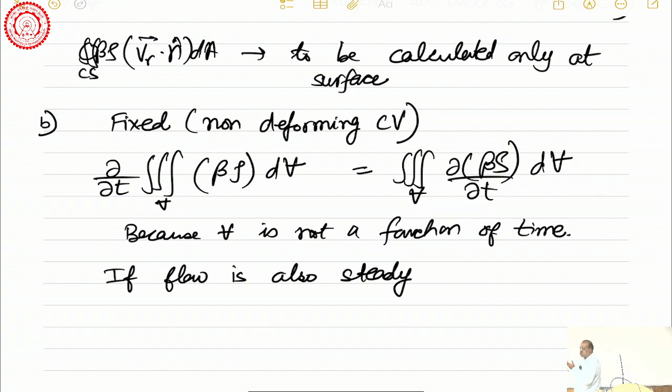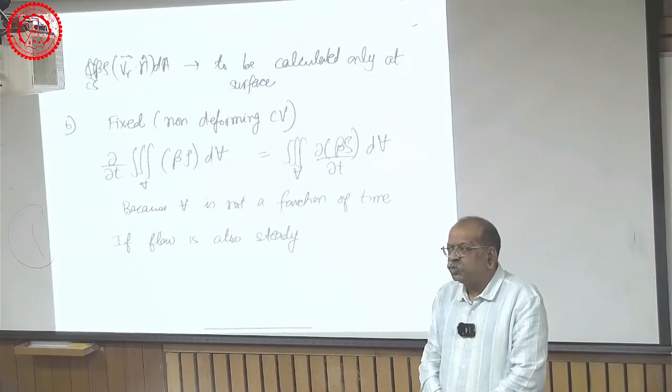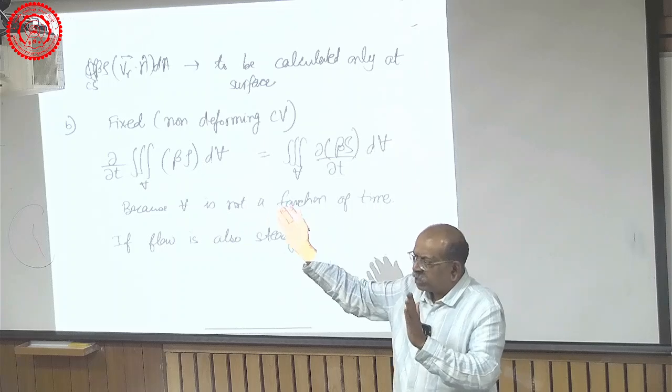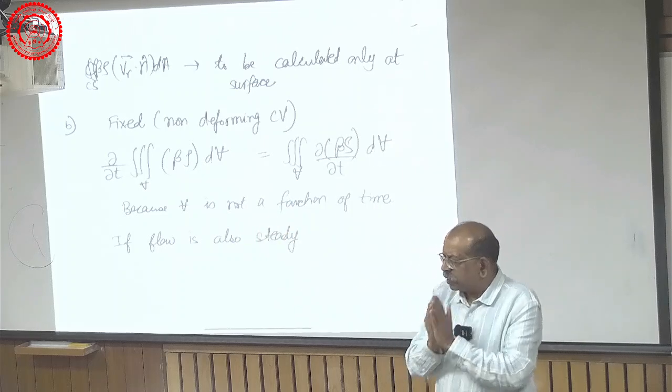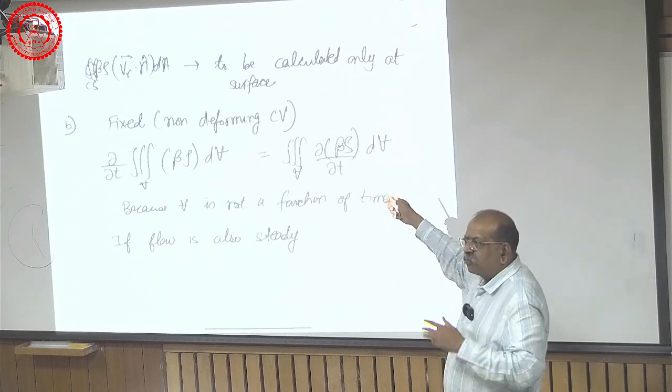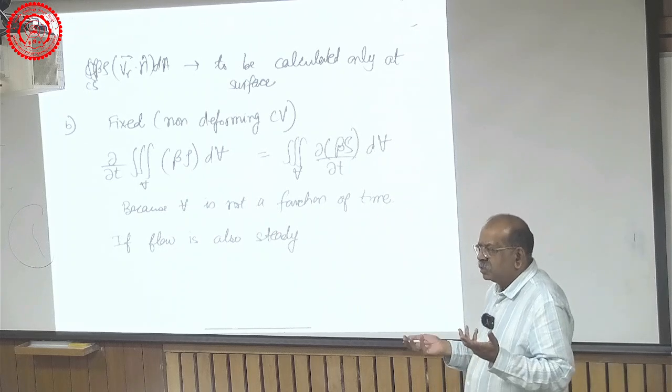But now, if the flow or the situation in the control volume is also steady. Steady means beta and rho will not change with time at a particular location. They can change from location to location, but at a particular location the partial by partial t of beta multiplied by rho will be 0.